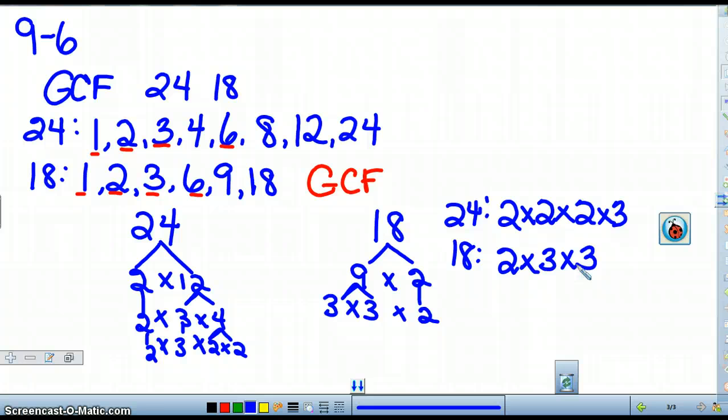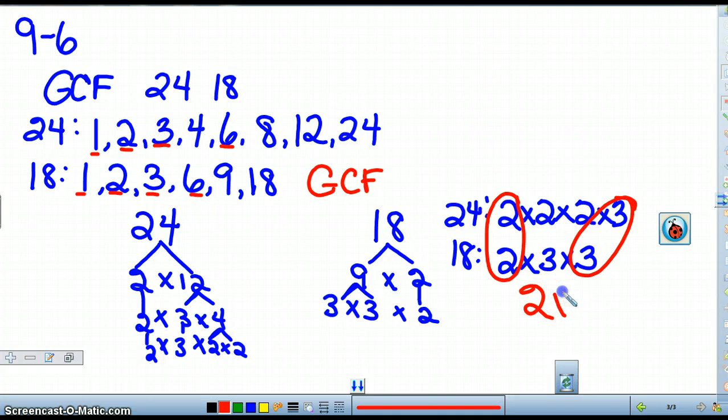So what I have to do now is look. When you do it this way, you have to say, what are the common factors in both of them? Well, they both have a 2, and they both have a 3. You have to multiply those common factors together. So 2 times 3 equals 6. So 6 is the GCF.